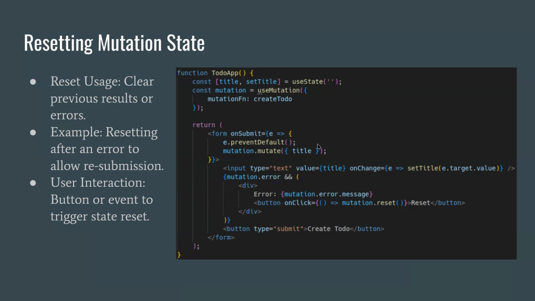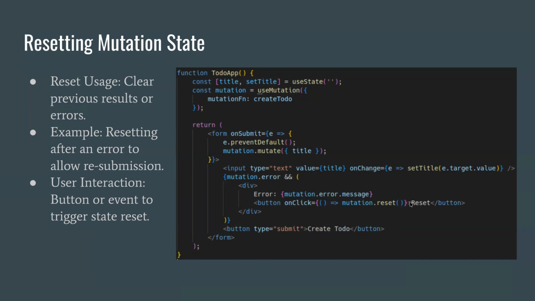So if you look at this example, say the to-do creation fails, then the user can click on the error message, there is this button here, and reset the mutation state.